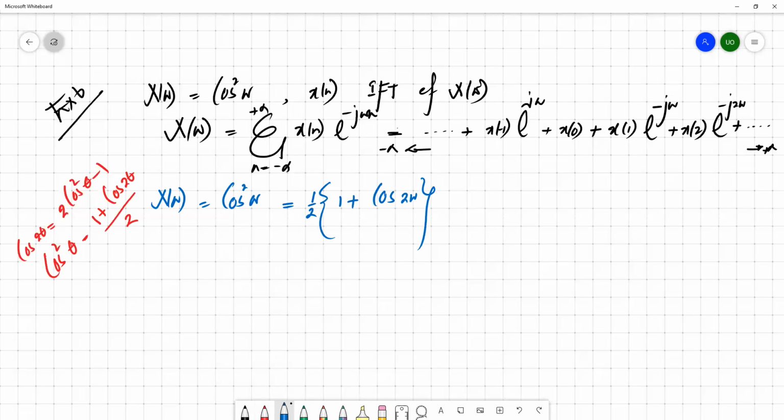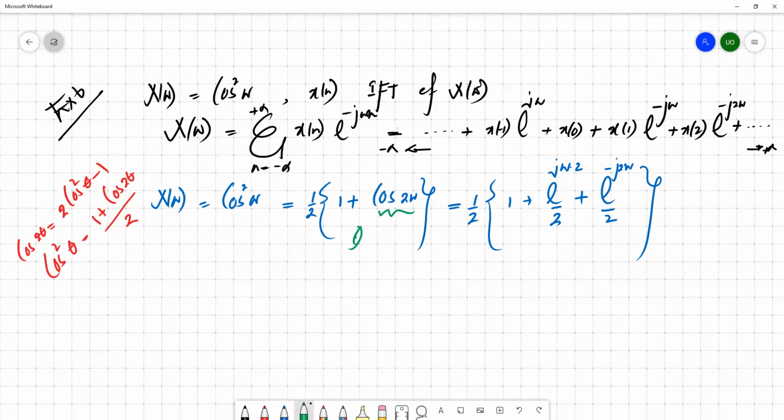If you have cosine terms, you can easily convert them to exponentials: 1 plus (e to the power j 2 omega plus e to the power minus j 2 omega) divided by 2.